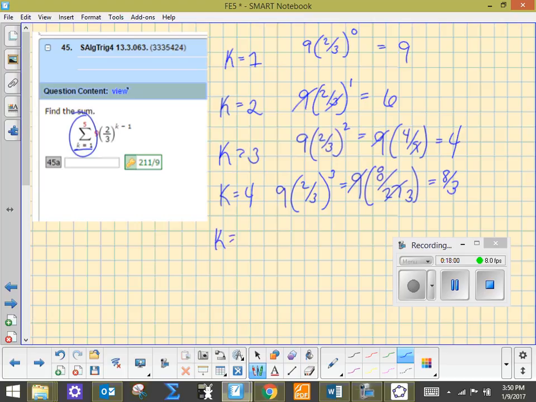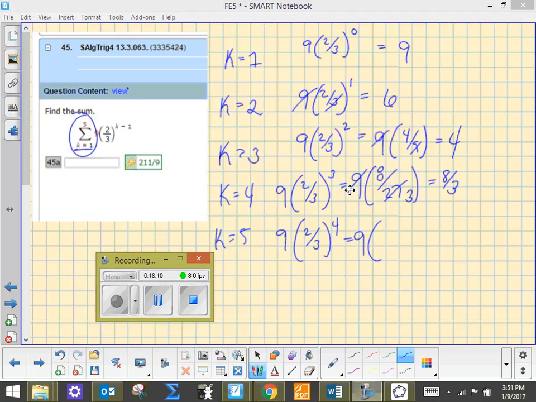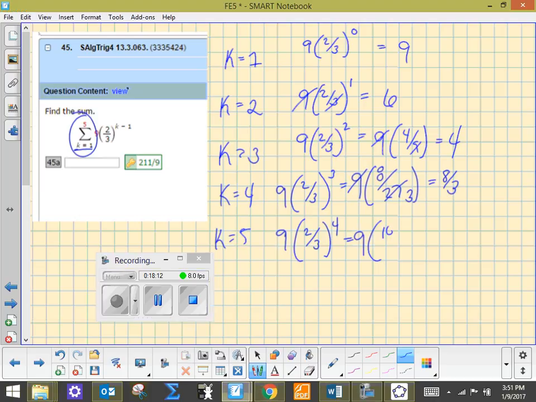And then k goes to 5. 9 times 2/3 to the 4th. So it's 9 times, okay, 2 times 2 times 2 times 2 is 16. 3 times 3 is 9, times 3 is 27, times 3 is 81. Those are going to cancel, gives me 9, so 16/9.